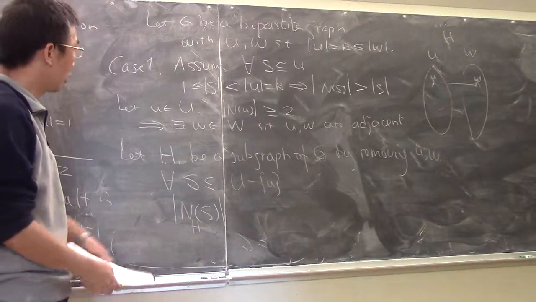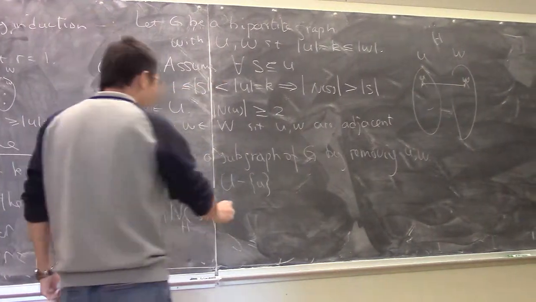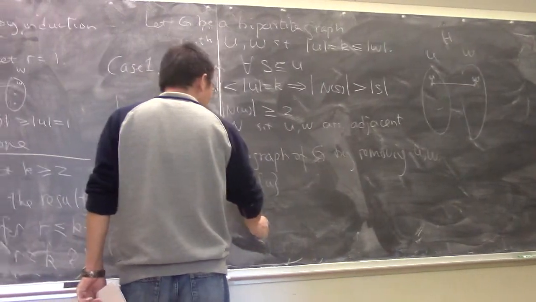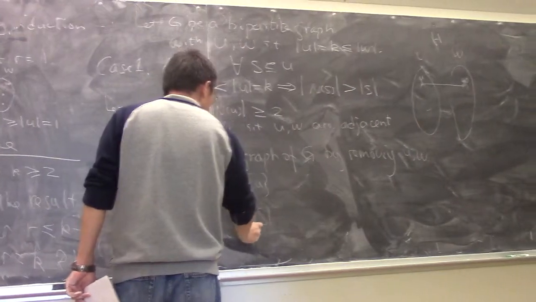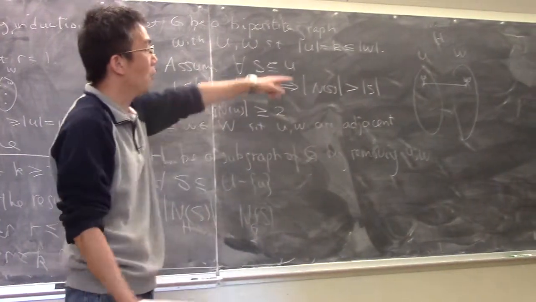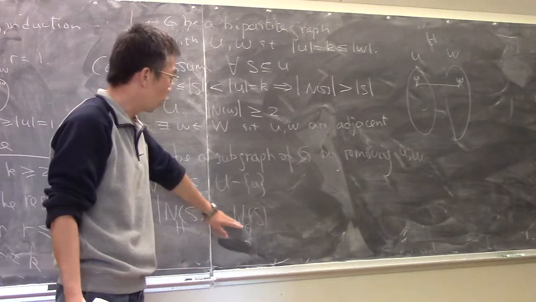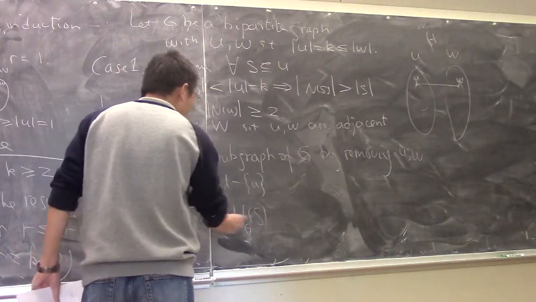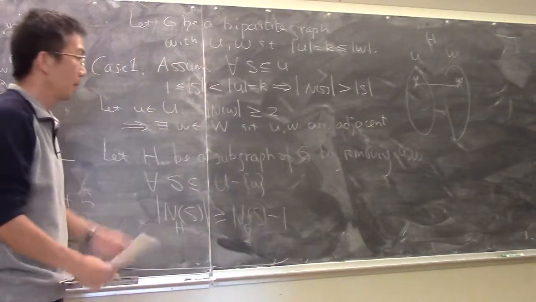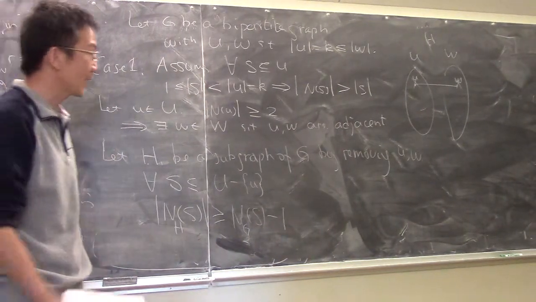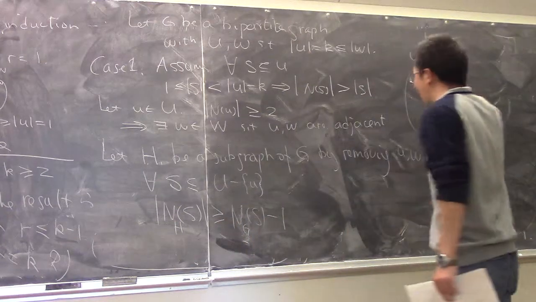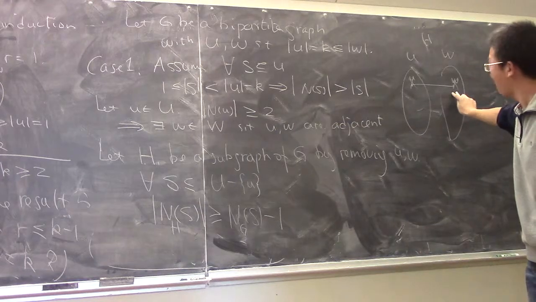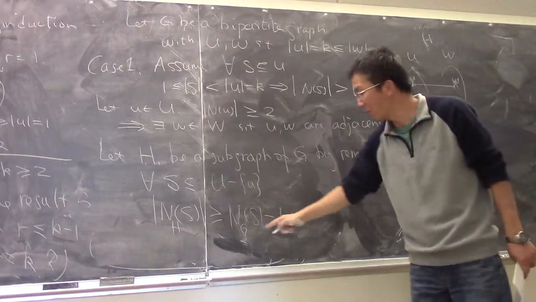Originally I know the cardinality of the neighborhood of S in G, if I'm not removing U and W. So here I claim this is larger than or equal to this minus 1, because the worst case is W is in the neighborhood. By removing W, you have one number decreased.